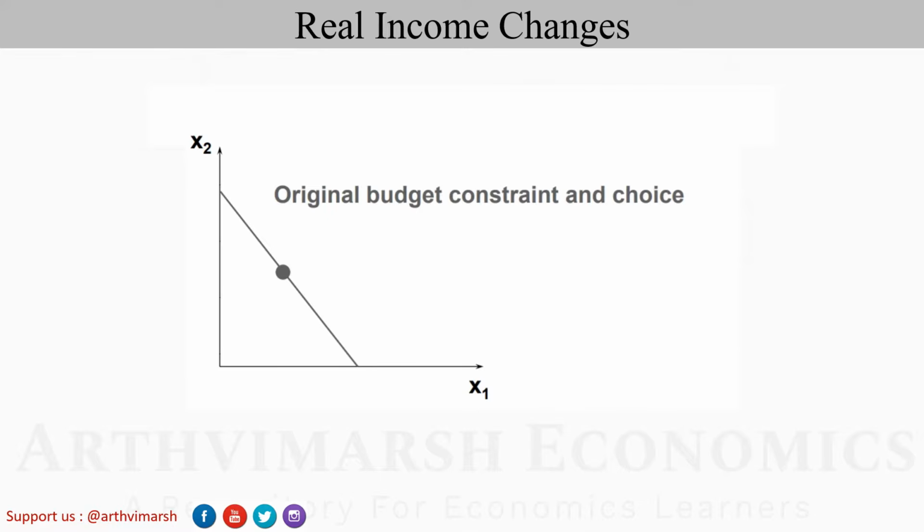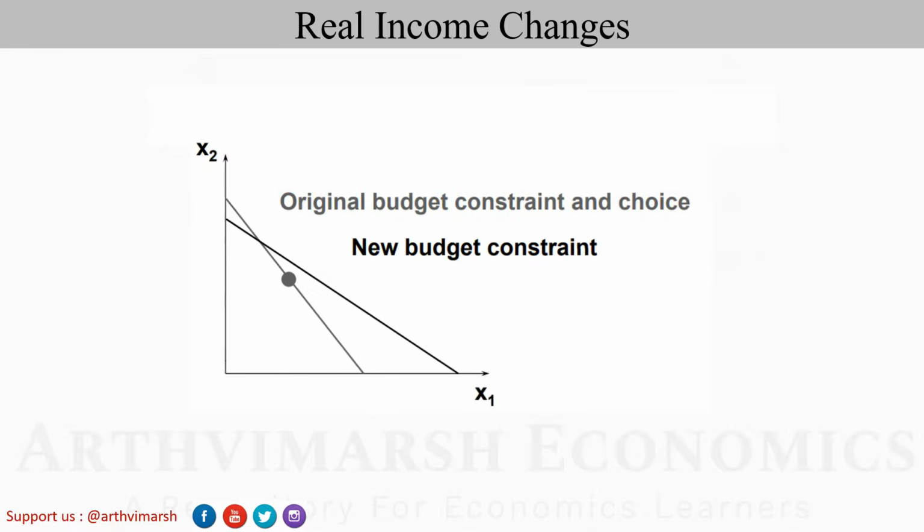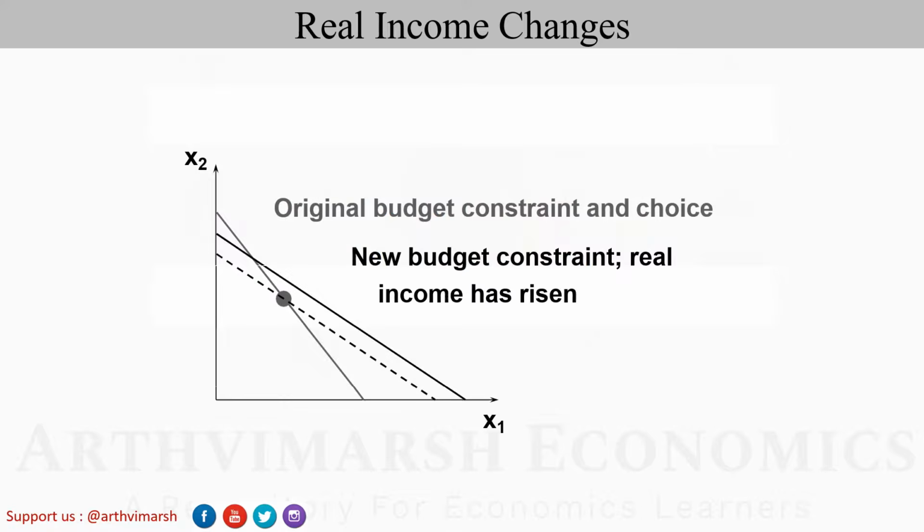So let us now see it graphically how it happens, what I have already explained. So this is our original budget constraint and choice on the original budget line like AB in XY space, and the new budget line which is resulting because of the change in the price of x1, that is x1 becomes cheaper, is pivoted outwards.